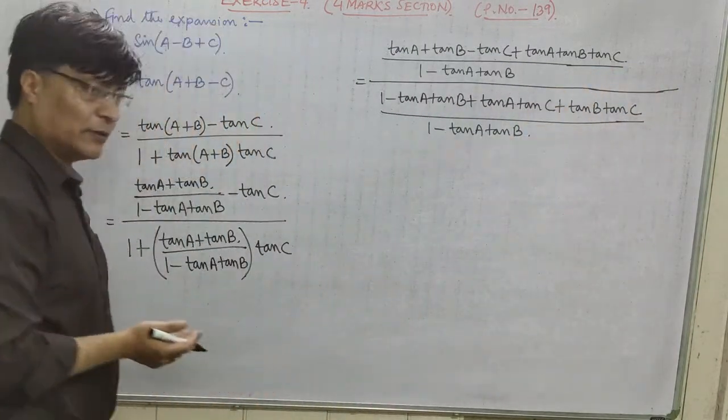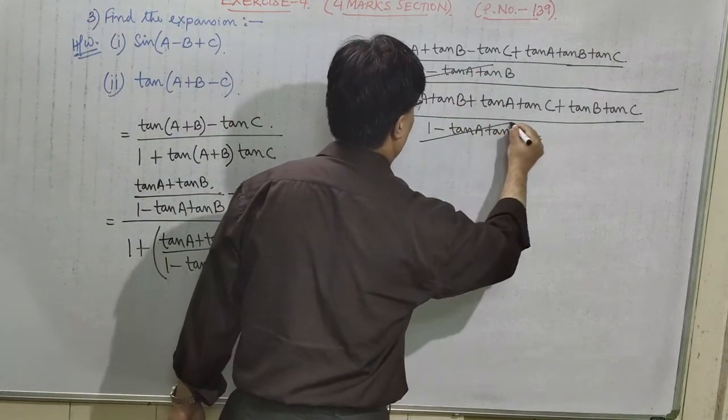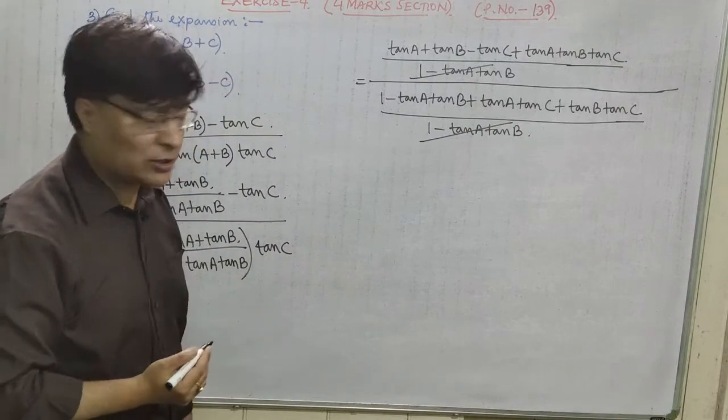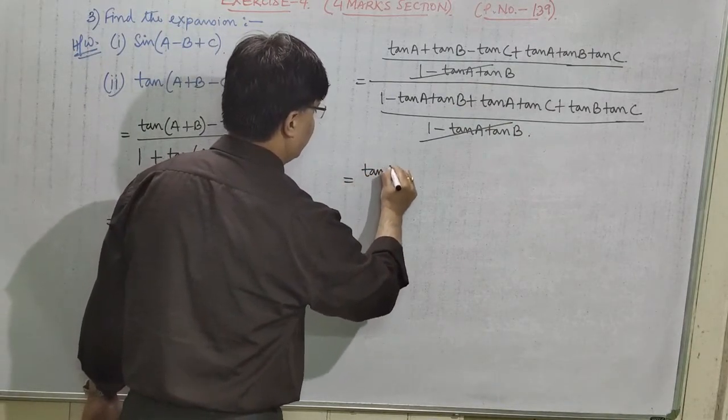So I think you have understood it. So this LCM can be cancelled from both the numerator as well as the denominator. So now what are the terms?